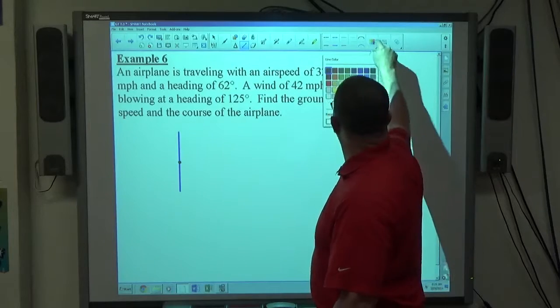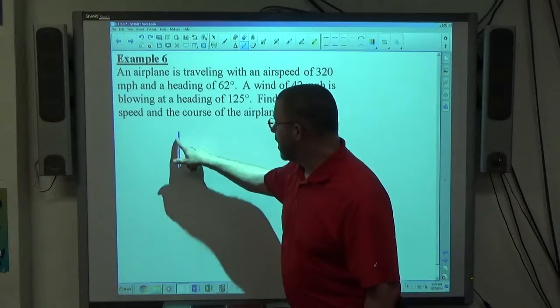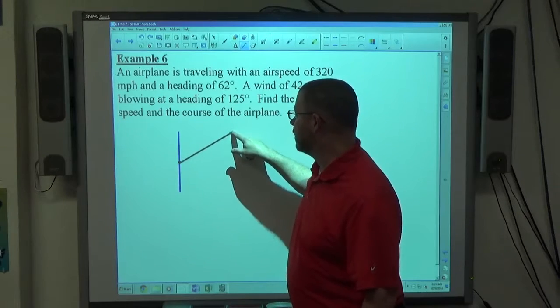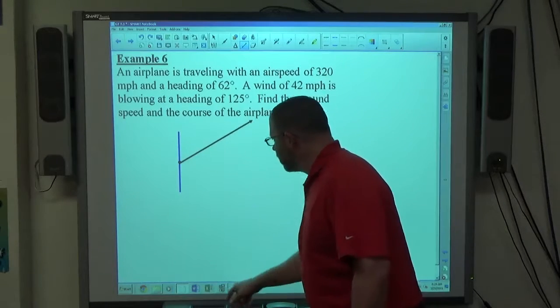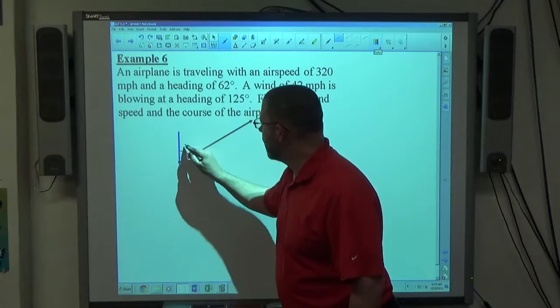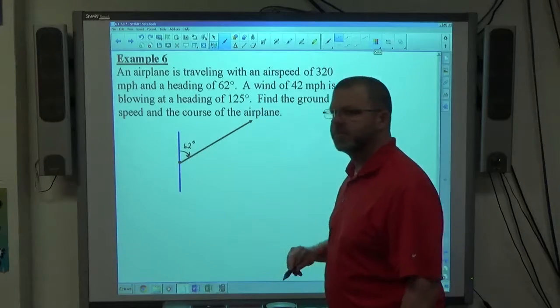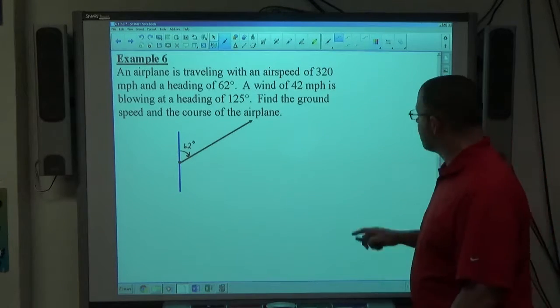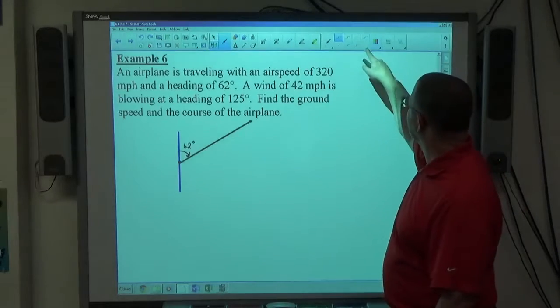So the heading of the plane is 62 degrees. Straight up is 0, so 62 degrees would be off around that direction there. And again, 62 degrees is measured from the north clockwise to the vector. I decided the vector of the wind is going to be purple instead of yellow because I have a purple marker; yellow doesn't show up very well.